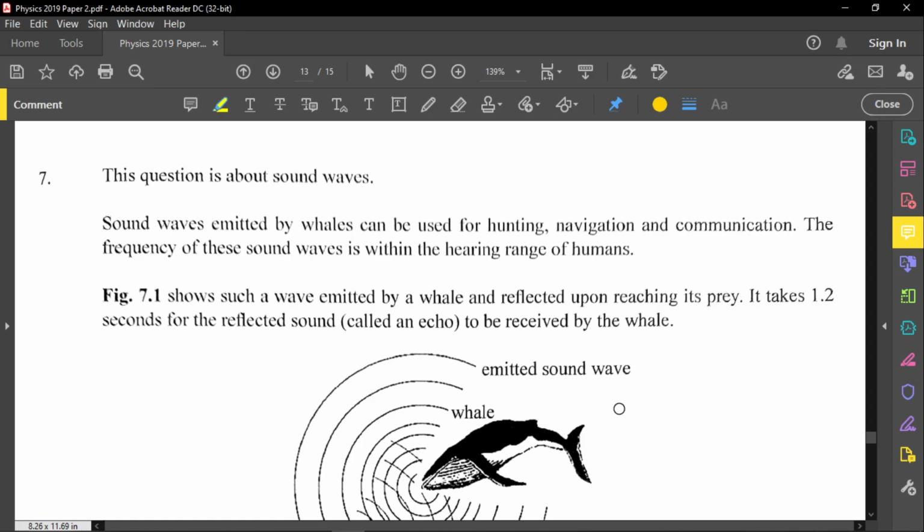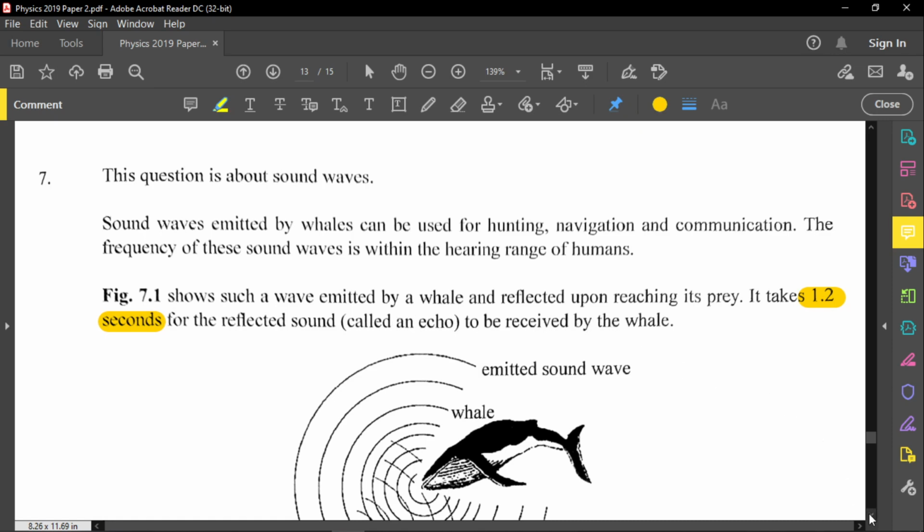Figure 7.1 shows such a wave emitted by a whale and reflected upon reaching its prey. It takes 1.2 seconds, which is the time for the reflected sound, called an echo, to be received by the whale.